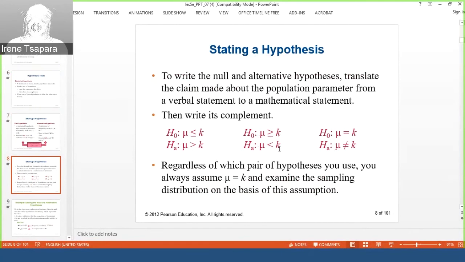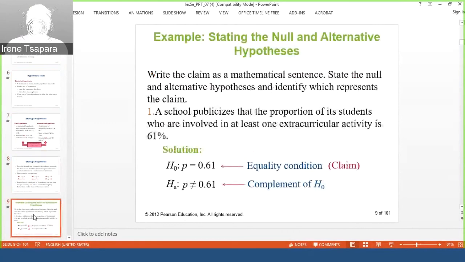The one complements the other. Either the one or the other will be true. As you can see, the null hypothesis in all the three cases includes the equal sign, while the alternative hypothesis never includes the equal sign. Now, depending on what your claim is, your alternative hypothesis and null hypothesis will be one of these cases.